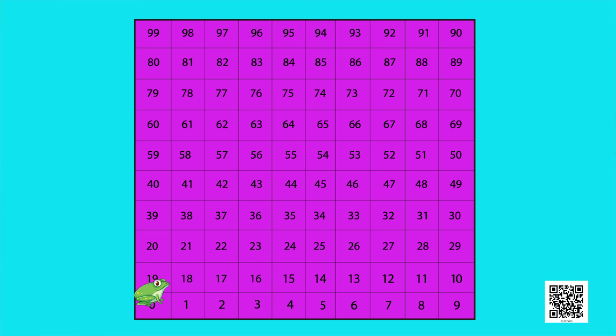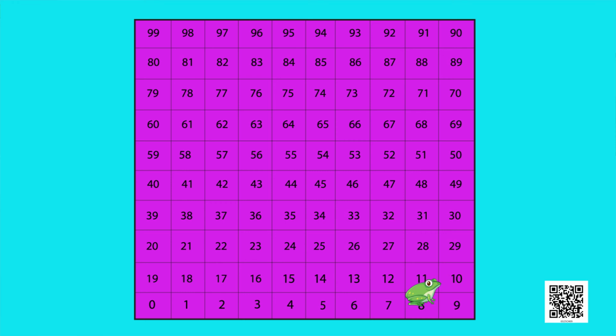Let's see this. At first, it is on 0. Now, it will jump on every 8th number. So, after its first jump, it will be on 8. Now, again for the second jump, it will count 8.